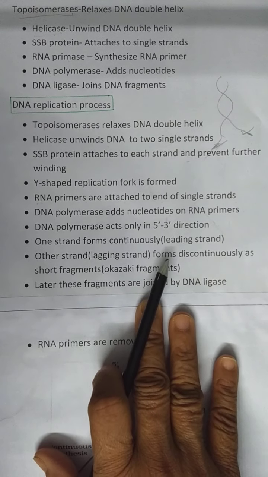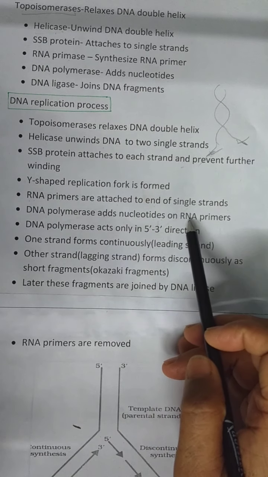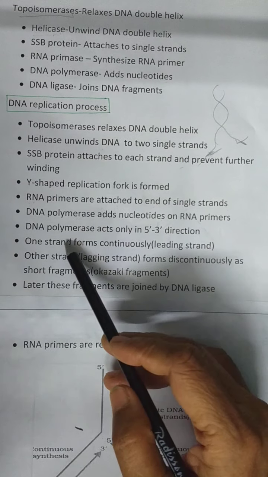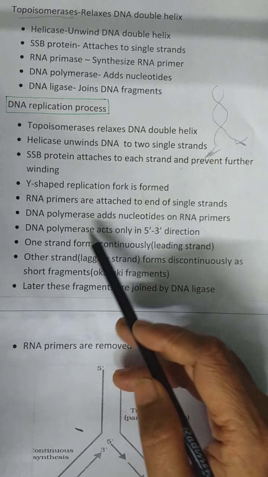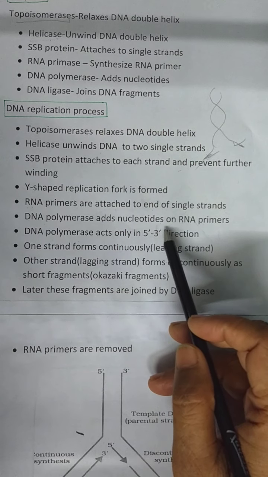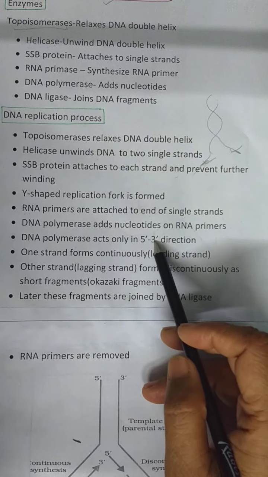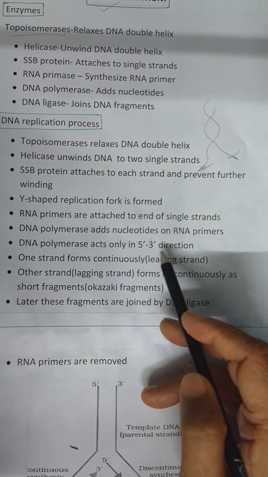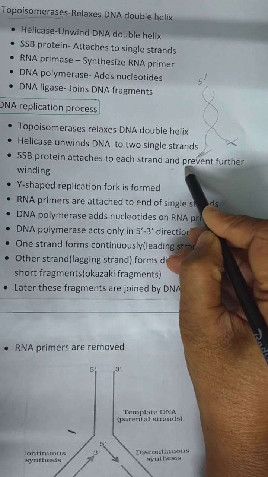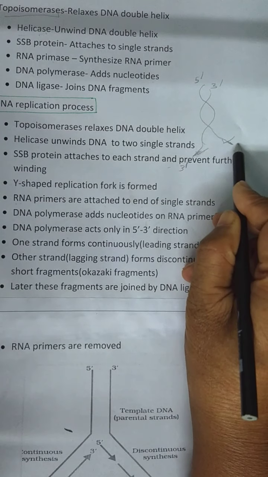Now what is happening? DNA polymerase adds nucleotides on RNA primers, and this DNA polymerase always acts in 5' to 3' direction. So suppose this is the 5' end, then this will be the 3' end, here it will be the 3' end and it will be the 5' end.